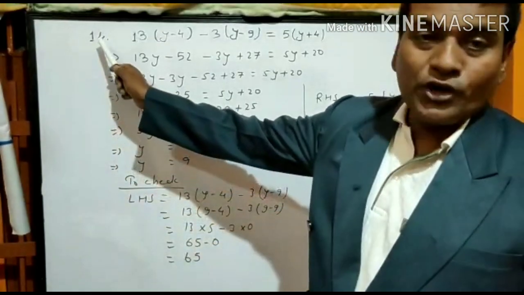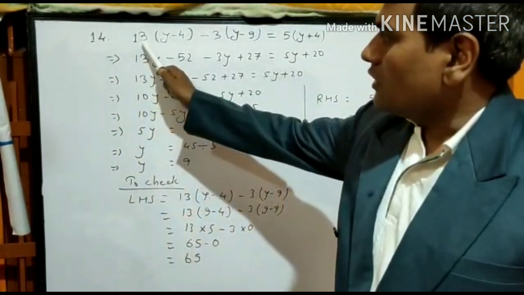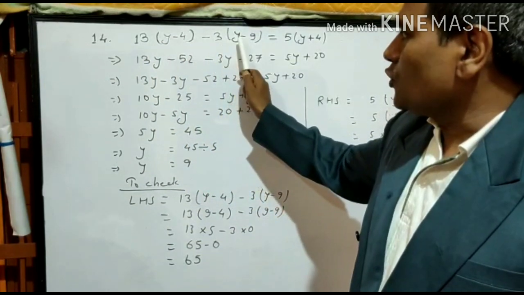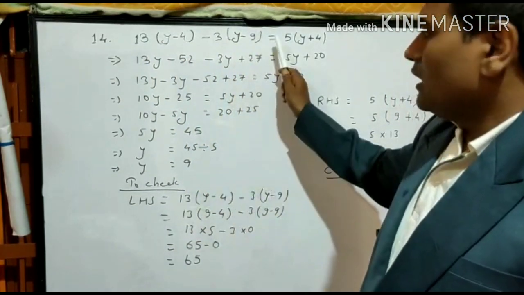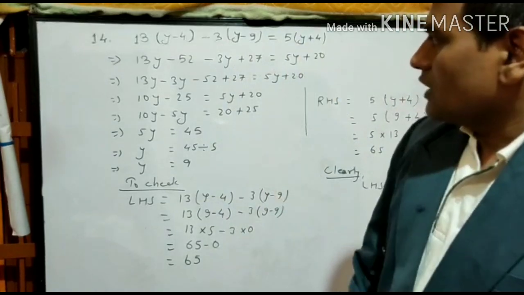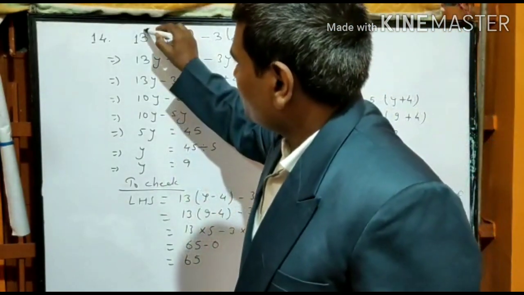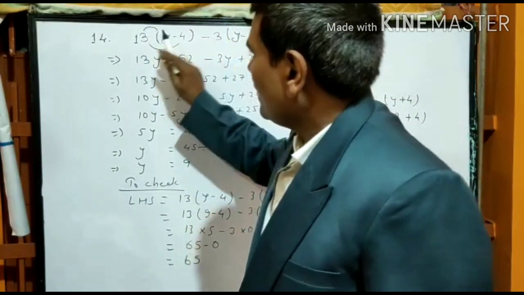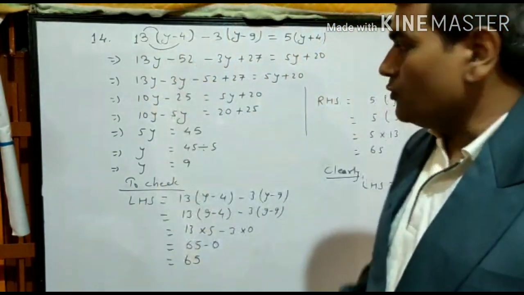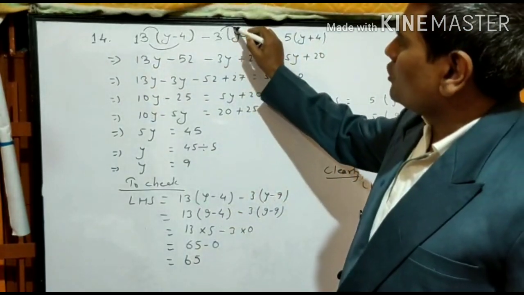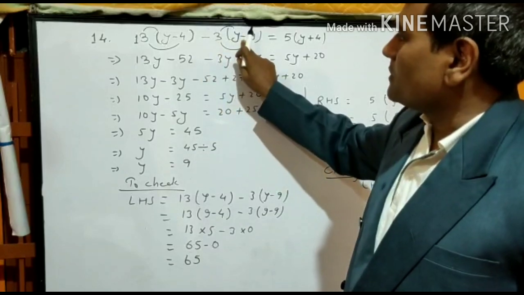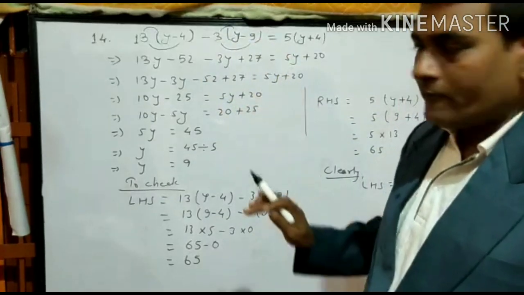Now question number 14. 13 into y minus 4 minus 3 into y minus 9 equals 5 into y plus 4. Distributive property. 13y, 13 4s are 52 minus 52. Here 3y minus 3y and minus minus plus 3 9 are 27.